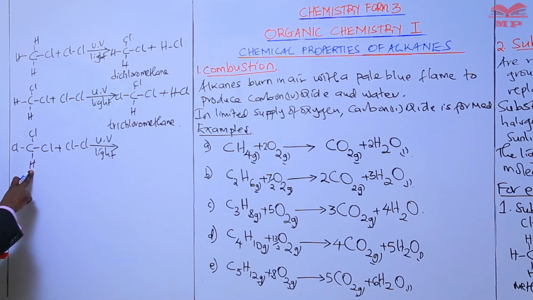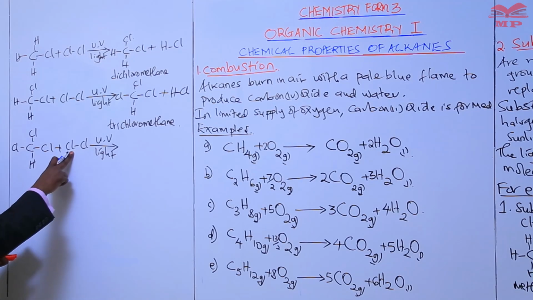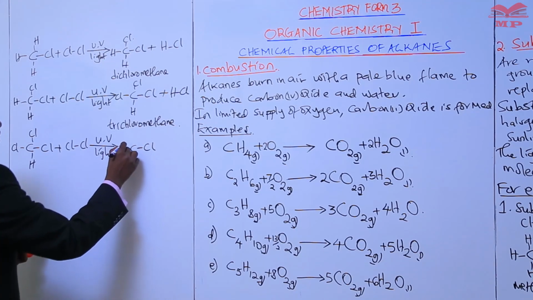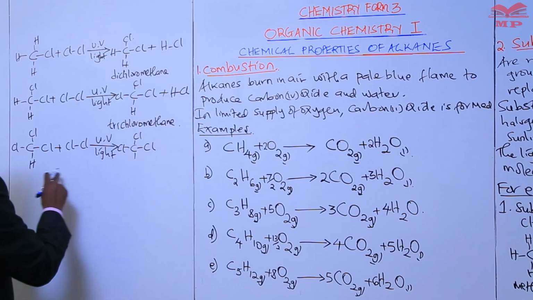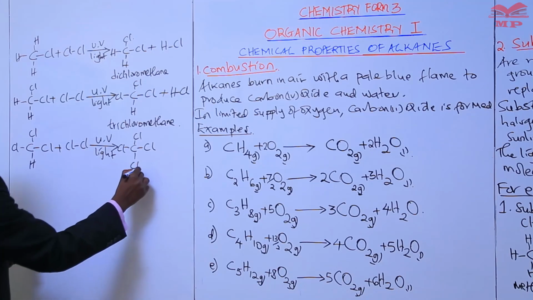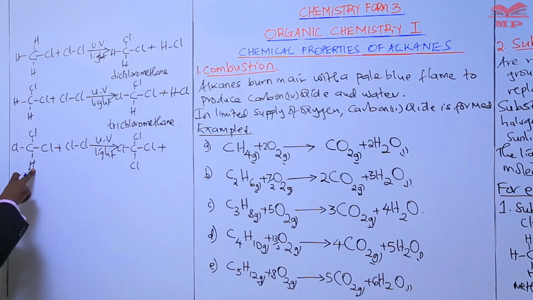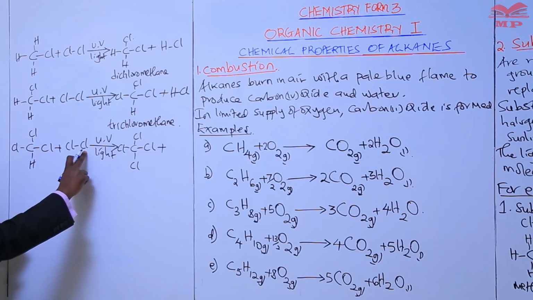So this remaining hydrogen will be substituted by one chlorine atom. So we shall get this chlorine, chlorine, chlorine, and then this H will be replaced by a chlorine, and then plus, remember, this hydrogen will combine with the remaining chlorine.